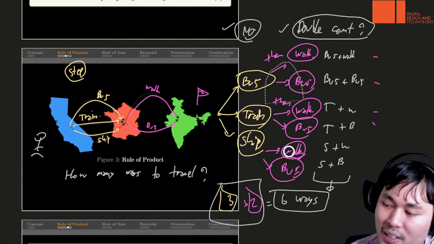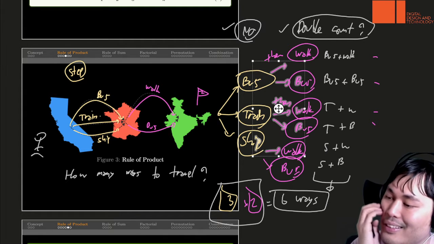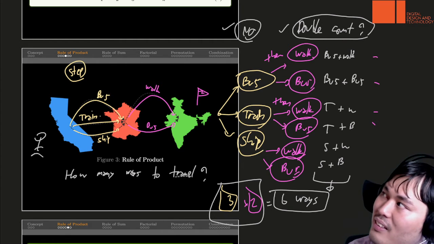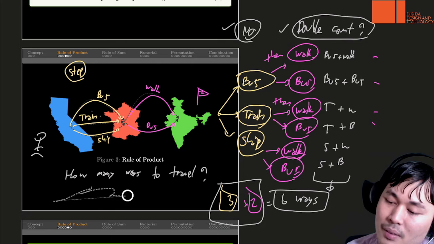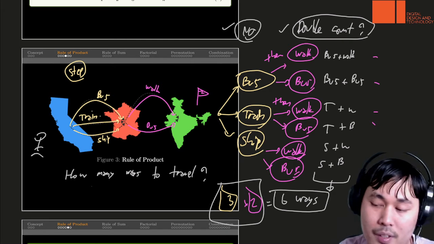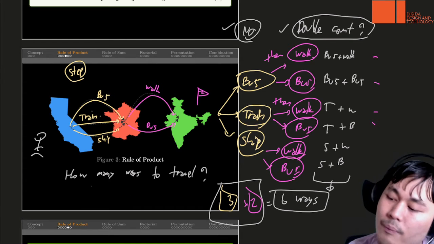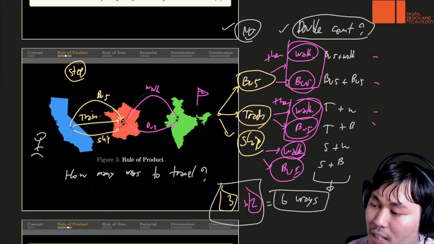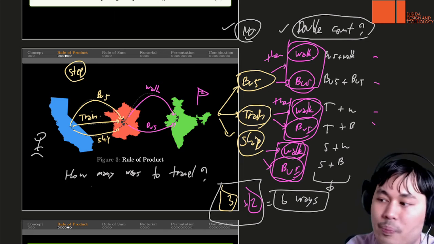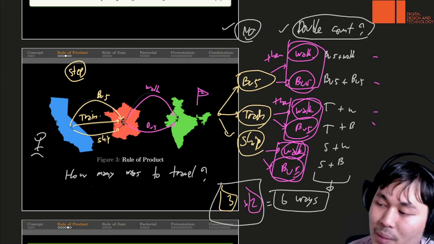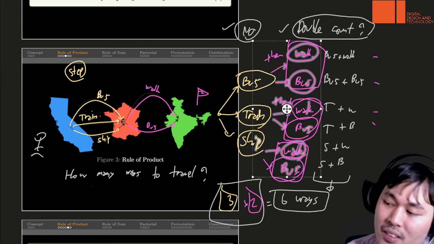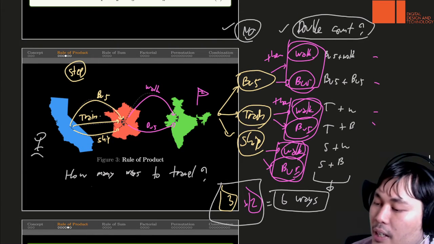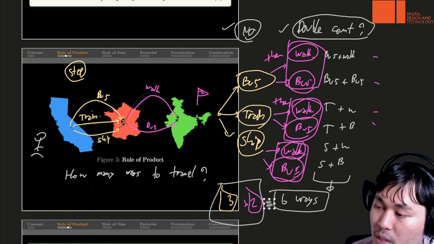And the reason why is because there are 3 ways for the first step, and each of these 3 gives you 2 more, so it's 3 times 2. It's like there are 3 boxes, and each box contains 2 tickets, or 2 objects. So the number of objects in total is 6. That's the reason why we multiply.